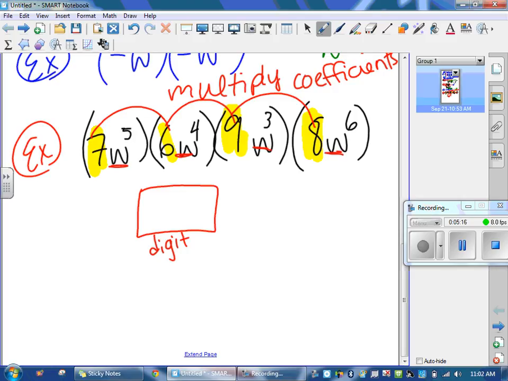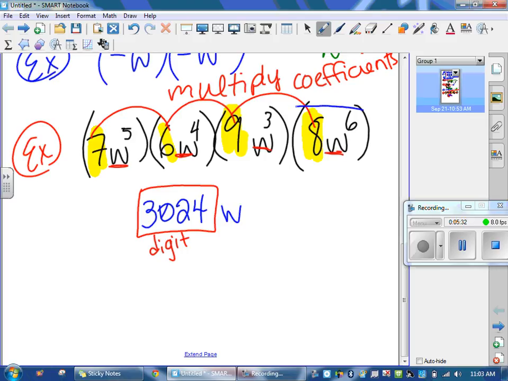So what do you get for those big, big numbers? Who knows that answer? Who multiplied it out? I would like that. So multiplying the coefficients, we get 3024. Next, we have our W. We sit W beside them.